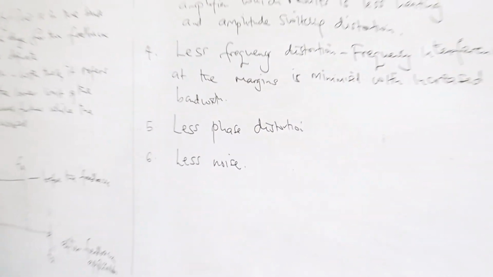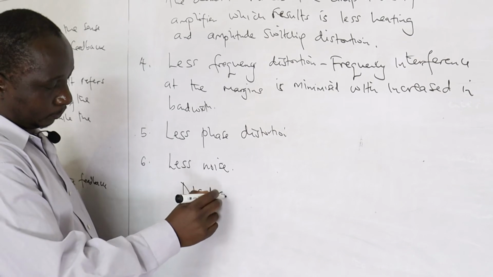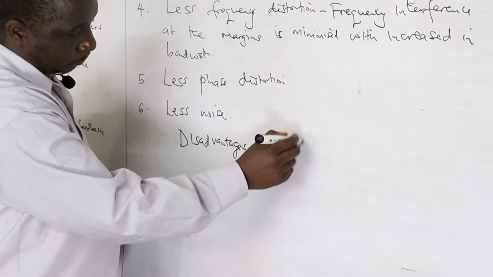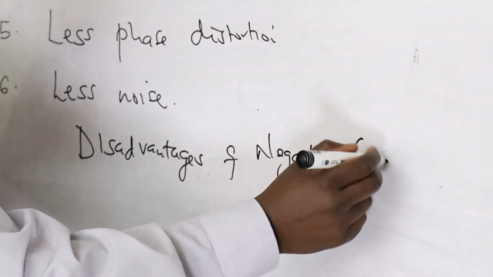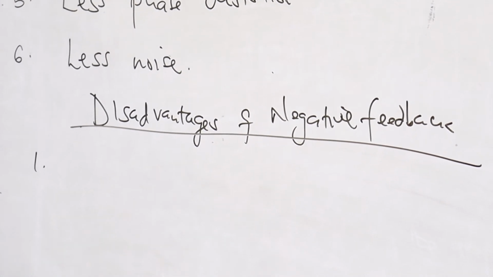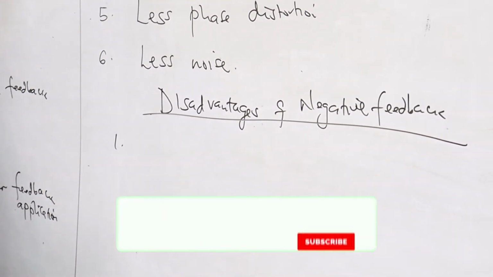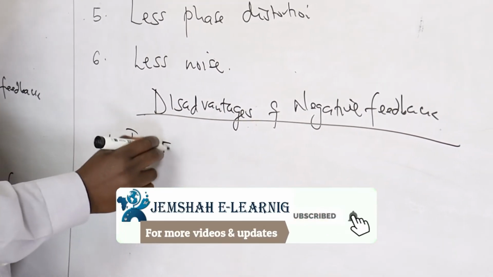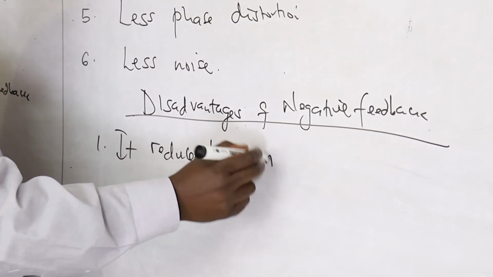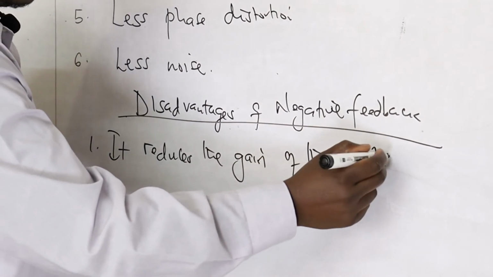We can also look at the disadvantages of negative feedback. Number 1, it reduces the gain of the amplifier.